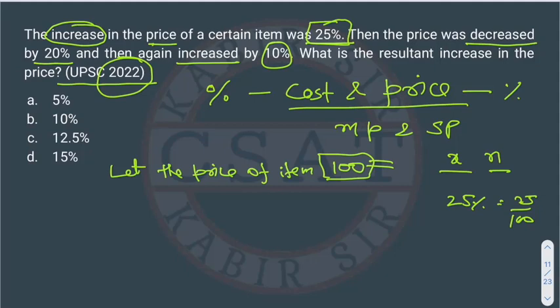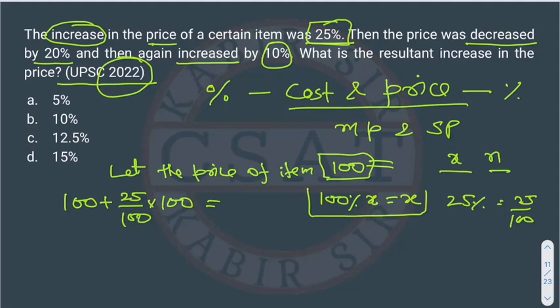Okay, so initially the price got increased by 25%. So in the unitary method we can write like initially it was 100 and then it got increased by 25%, right? So it will be like this. Or we can directly say, in percentage there is one more concept, the 100% of some number, suppose x, is x, right?